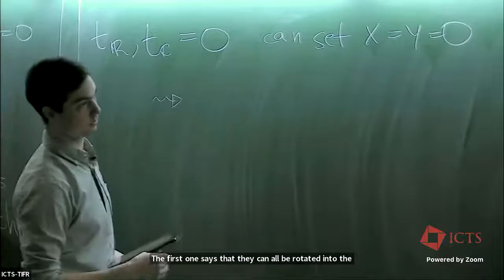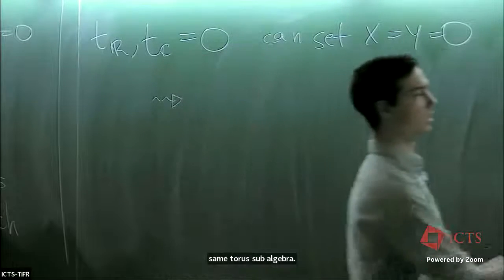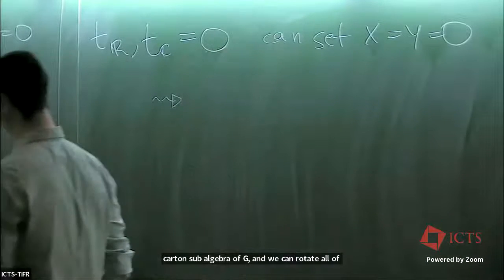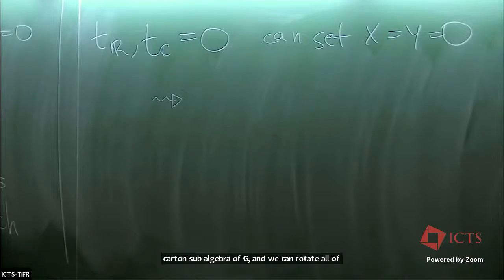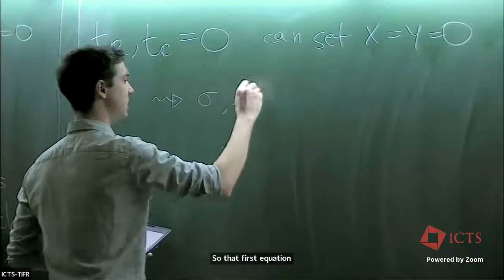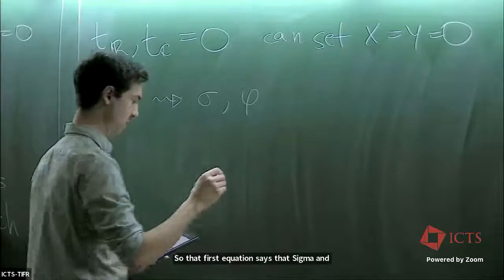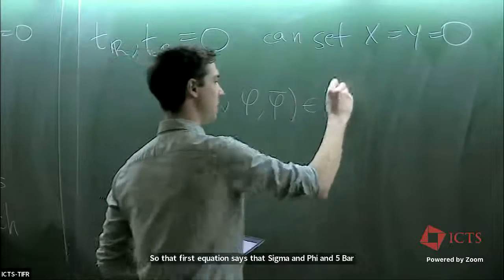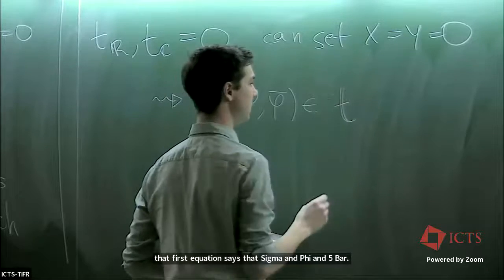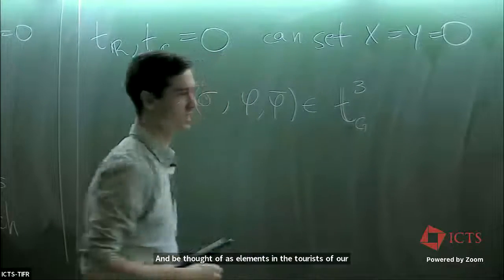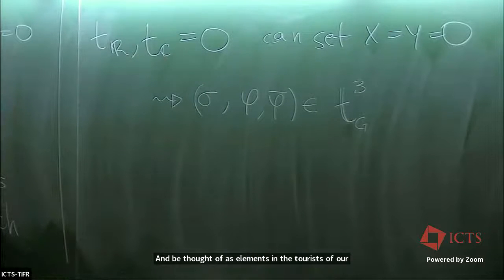There we're just going to choose some Cartan subalgebra of G, and we can rotate all of these fields into that same one. So that first equation says that sigma and phi bar can be thought of as elements in the torus of our gauge group that I'm going to call T sub G. And there's 3 copies of it.